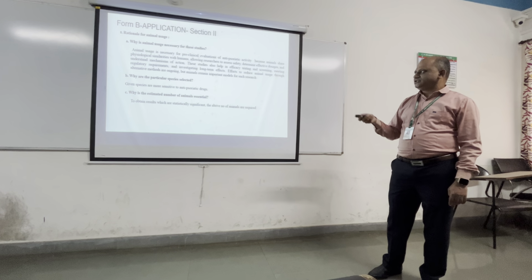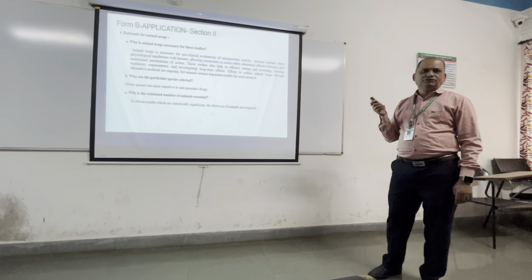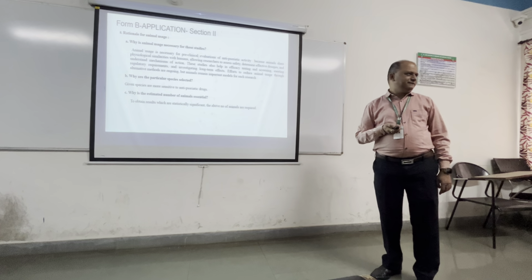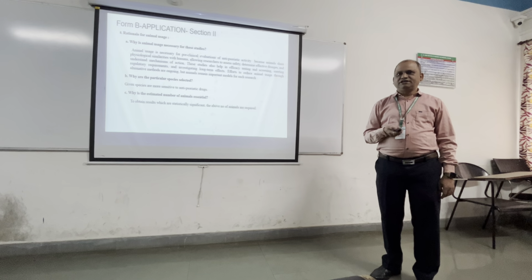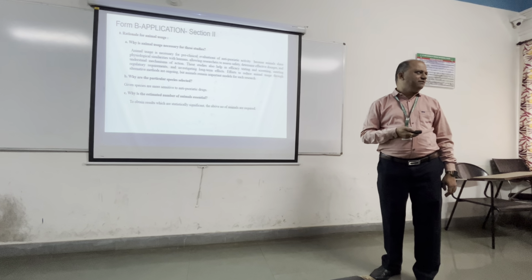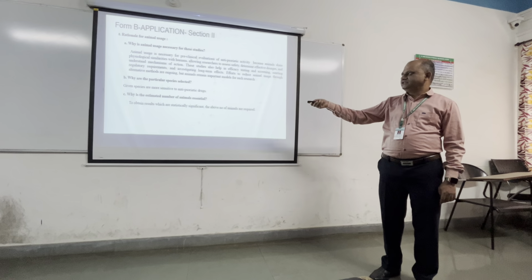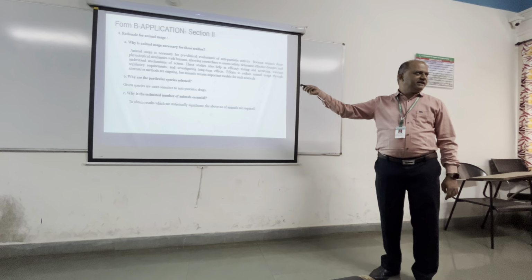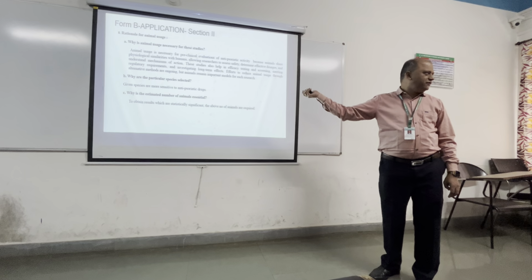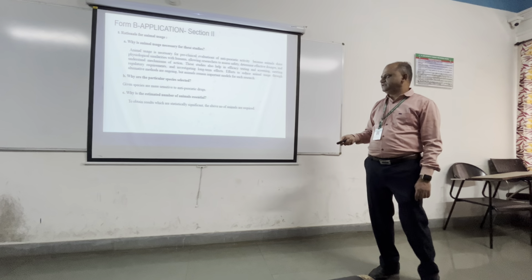Rationale for the animal usage, you have to mention why we are going to do this preclinical activity. If it is a novel formulation, what is your concept, why there is a need for animals, everything you have to mention. If you go through this, I have given why the screening of antipsychotic activity with curcumin and saponin steroid on that specific animal species.